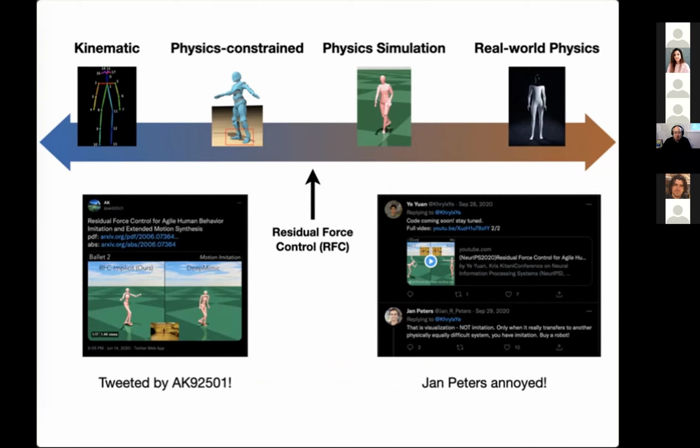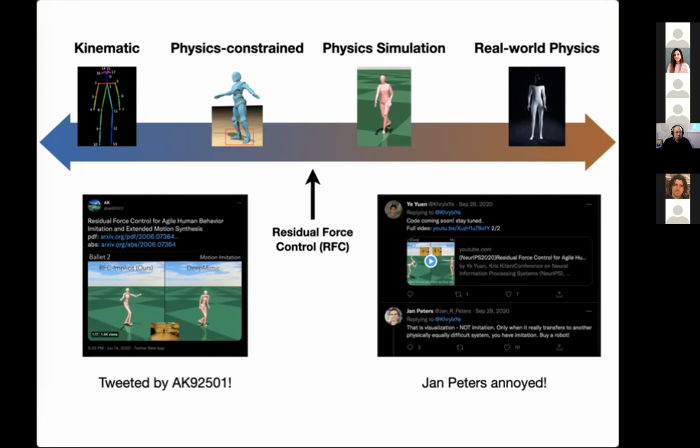I don't know if you know Jan Peters, a very prolific author and pioneer in robotics. You can see his comment on our Twitter post. He's saying, this is not imitation. This is just visualization. Only when it transfers to another physically equally difficult system do you have imitation. And he ends his tweet by saying, buy a robot. So clearly Jan Peters is annoyed.